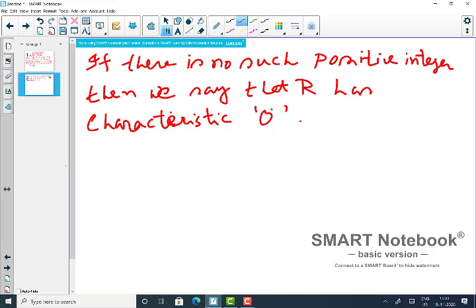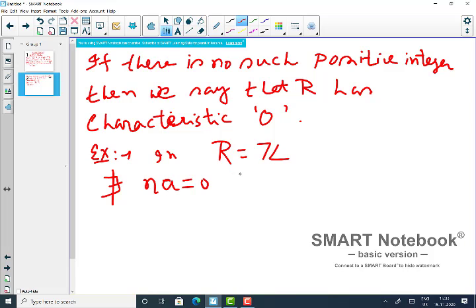So for example, in Z, the most natural ring, you see that there does not exist any n such that n times a equals 0 for all a belonging to Z. Okay, so what do we say?